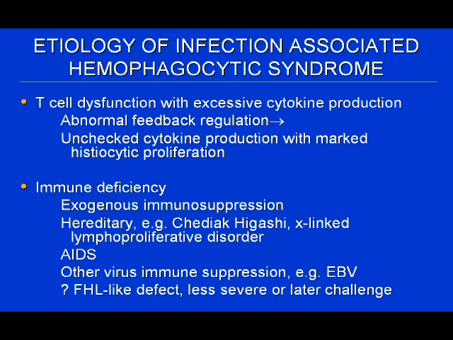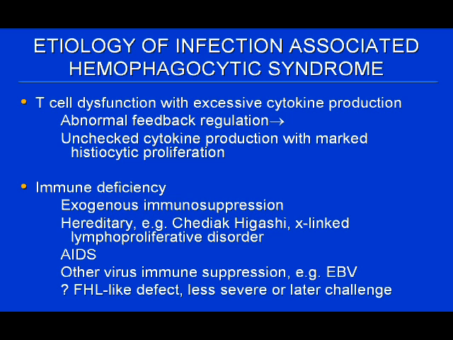Furthermore, the X-linked lymphoproliferative disorder, which was, by the way, discovered by a former resident from the University of Minnesota, Dr. David Purtilo, and one of the things that he identified was that as these children get older, they develop this histiocytic proliferation and die when they first encounter an EBV infection. We do see it occasionally in AIDS patients, but not often.